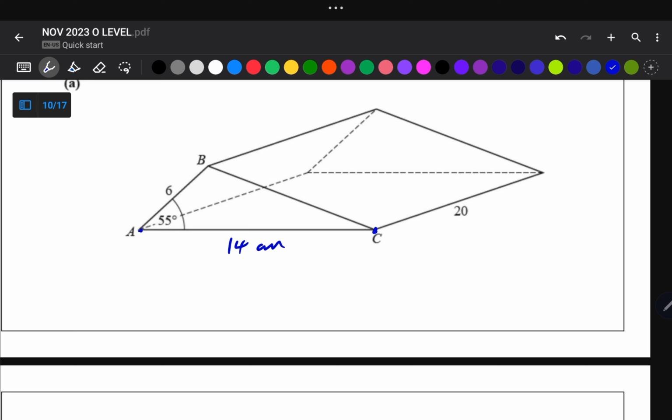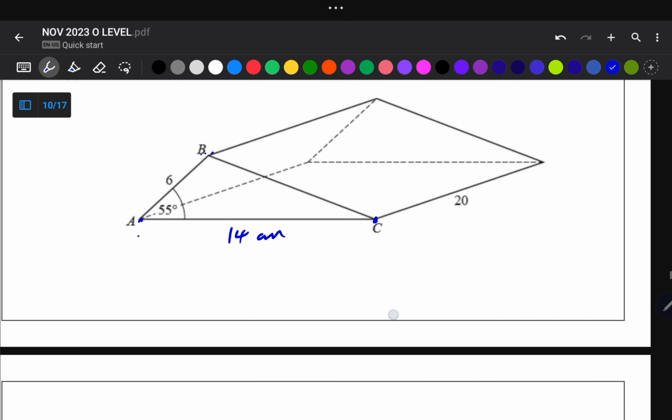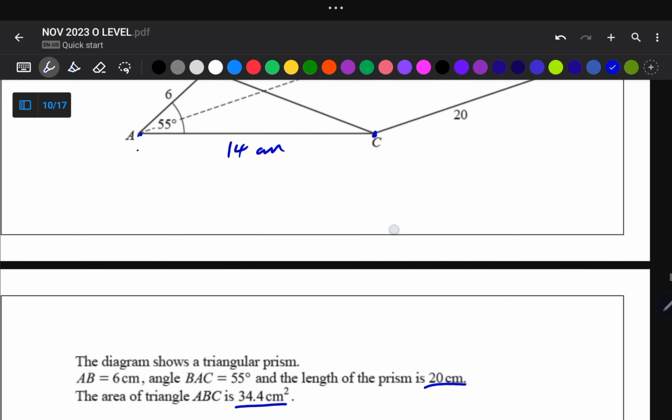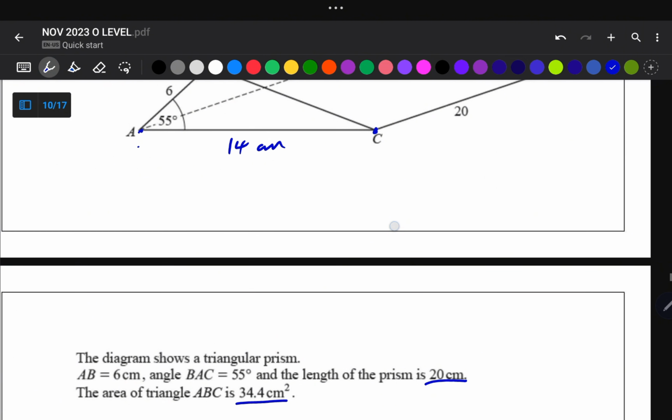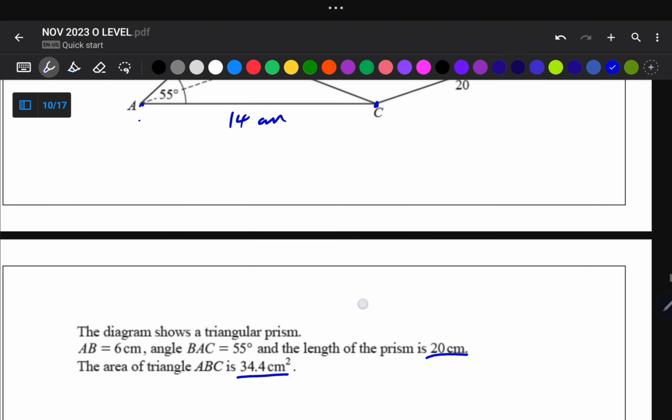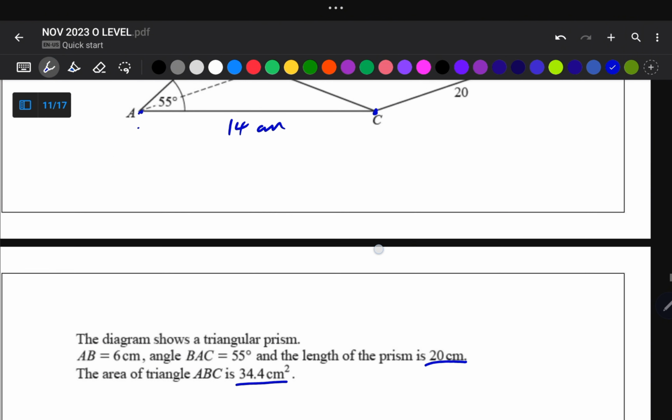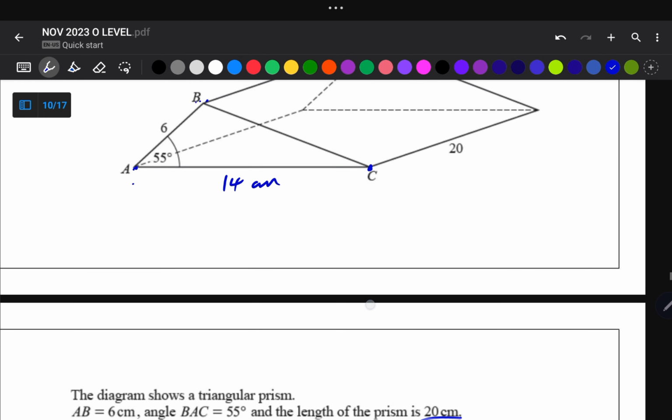So here we are having this side base AB of 6 centimeters, and then angle BAC of 55 degrees. So to calculate the length of side AC, we are going to use our formula to calculate the area of this triangle ABC.